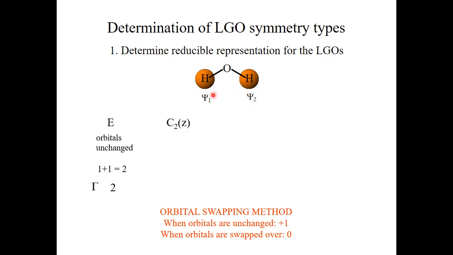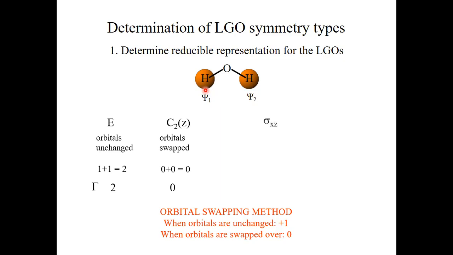Psi1 moves into the position of psi2, and psi2 moves into the position of psi1. That means that both orbitals change position, and both of the orbitals get the character of 0. So the two zeros add up to give overall 0. We have now determined the second character of our reducible representation.